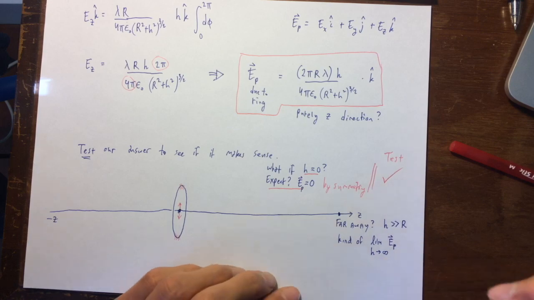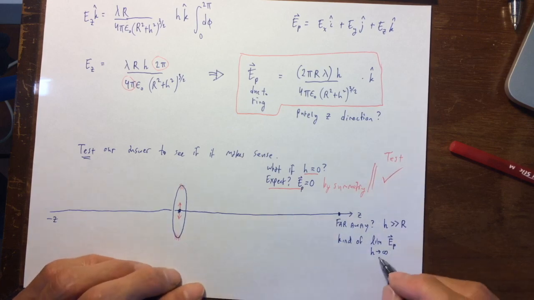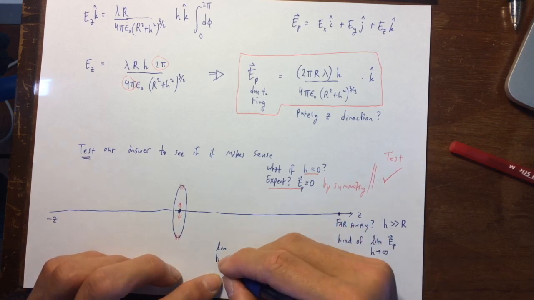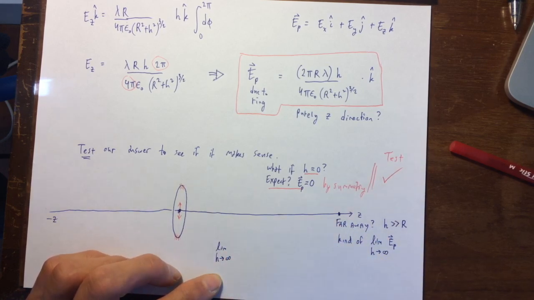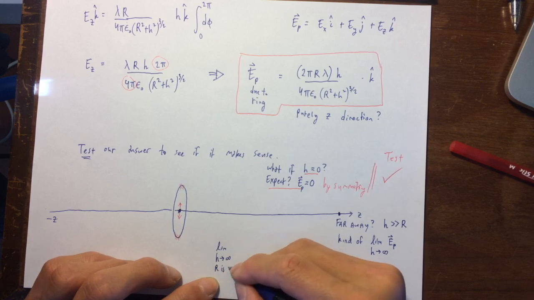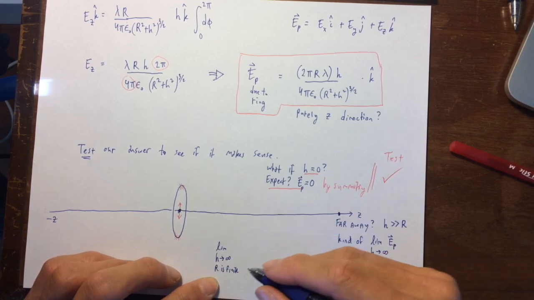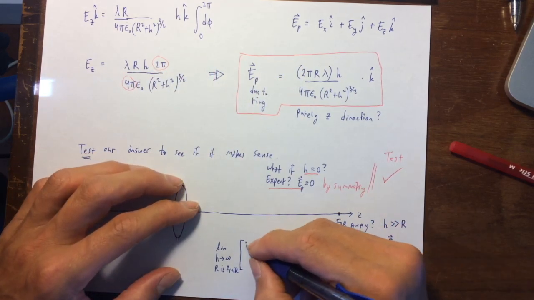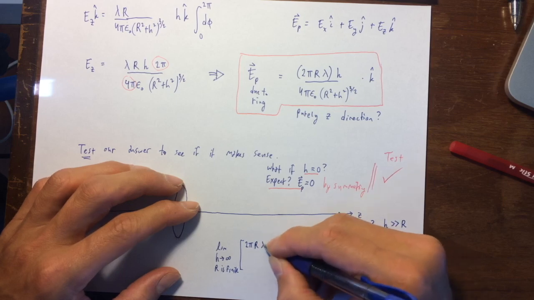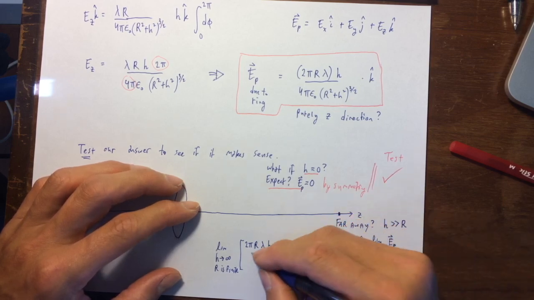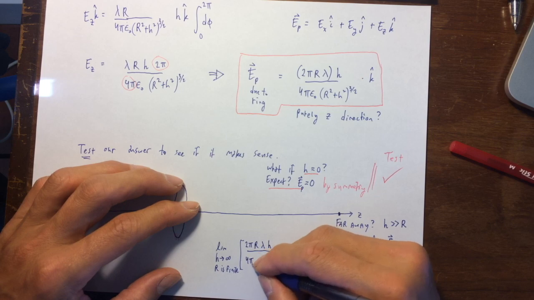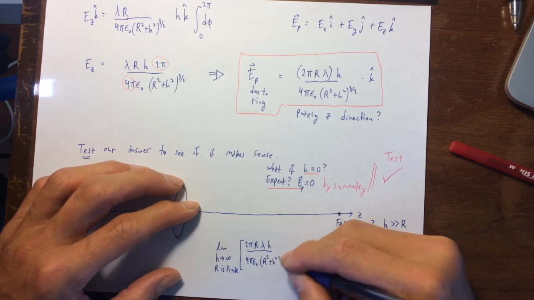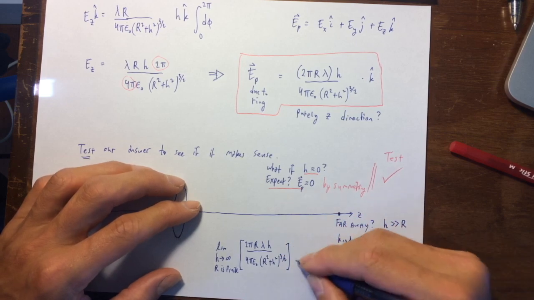So this kind of check is sort of hard, but essentially what we're doing is taking the limit as h goes to infinity, but R is finite, of this expression here. So we want to take that limit of 2 pi R lambda h divided by 4 pi epsilon naught times (R squared plus h squared) to the 3/2.